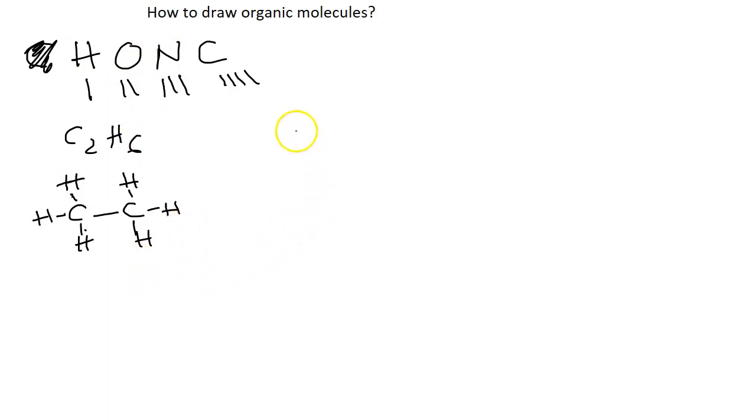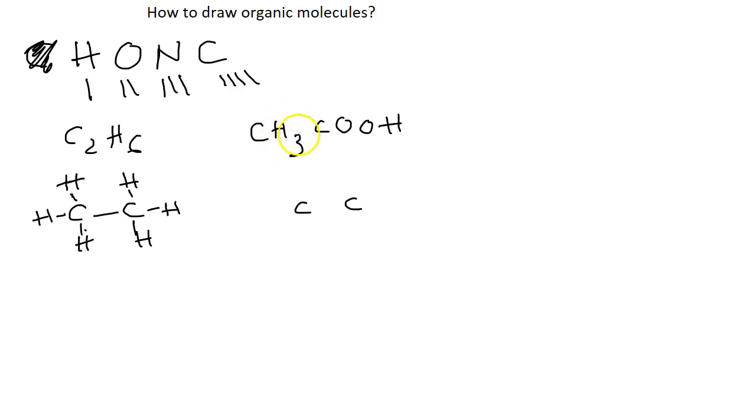Now let's take a little more complicated example. Let's say CH3COOH. In this case you have 2 carbons, so I'm going to draw 2 carbons in the center.